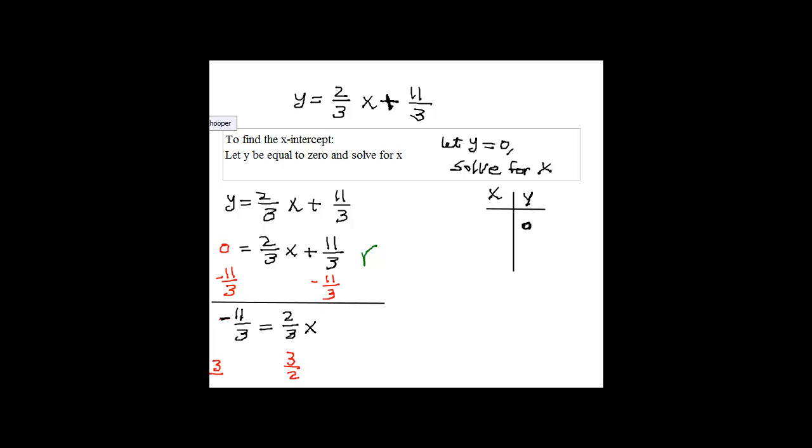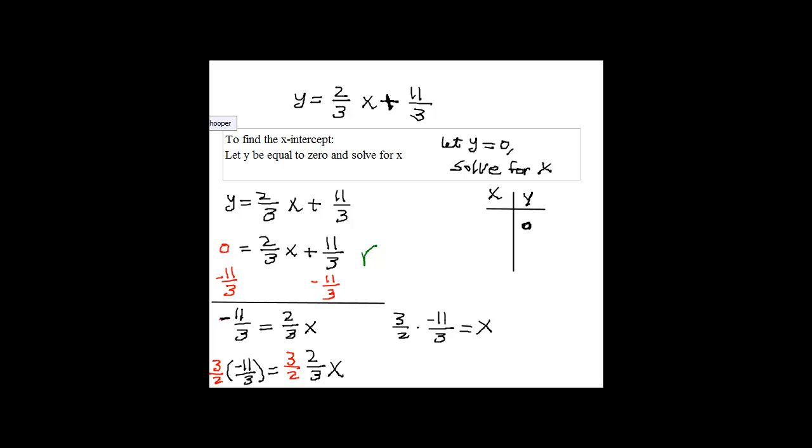You multiply both sides by the reciprocal of that. So what we have is 3/2 times minus 11 over 3 is equal to x.